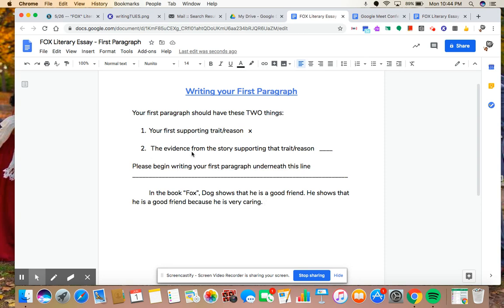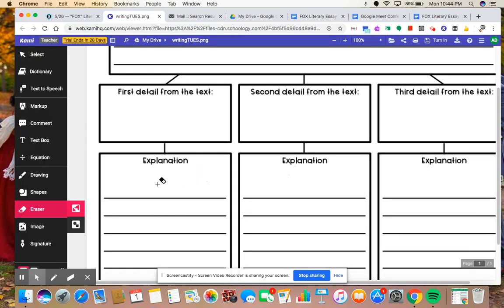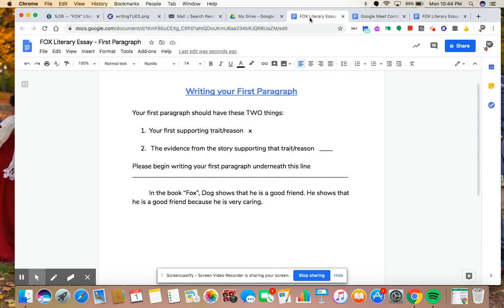Now, I need to put the evidence. Well, I remember when I wrote the evidence down here, I was talking about how dog was very caring with Magpie, and he was tending to her burnt wing. So I'm going to write something along those lines, okay?